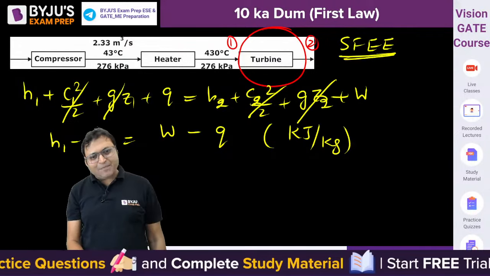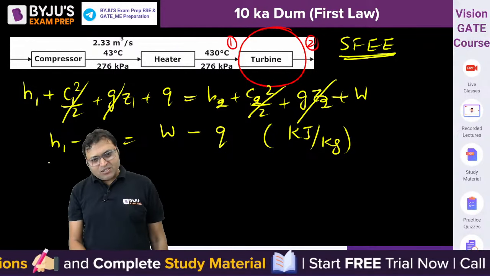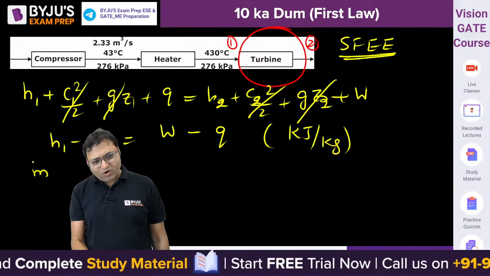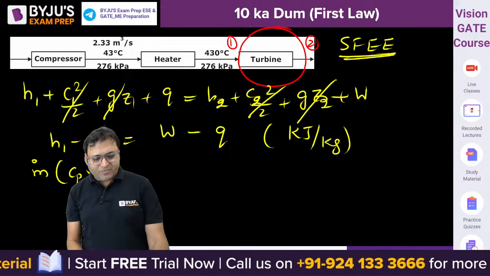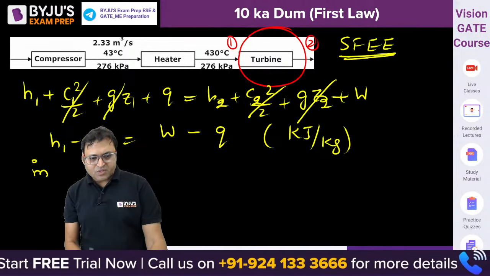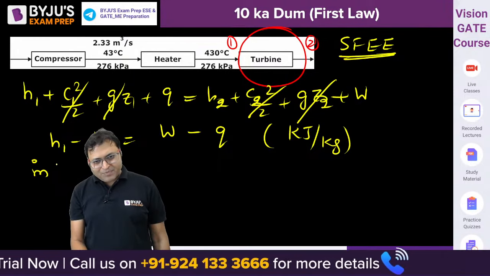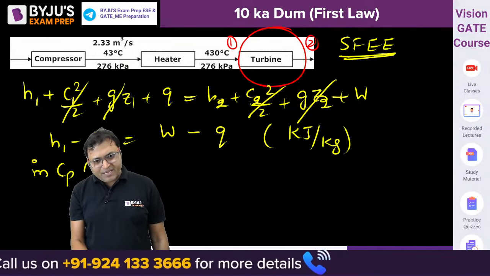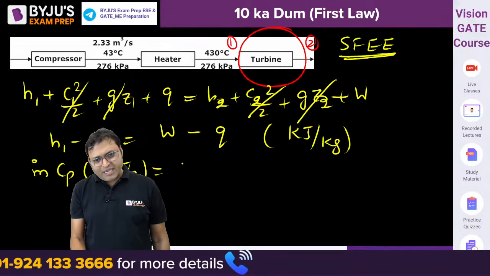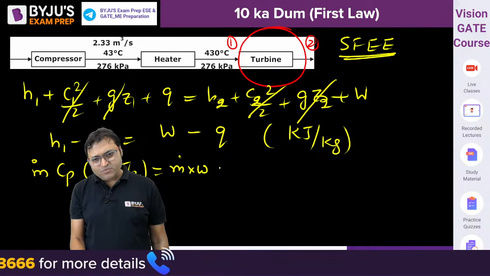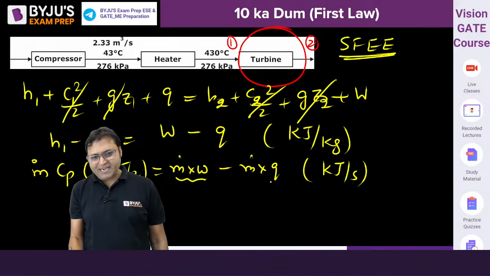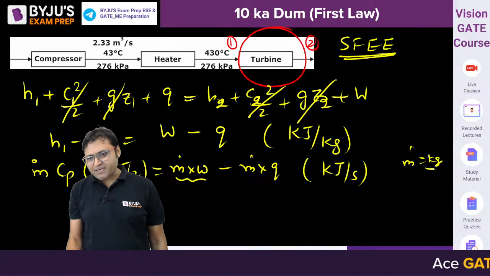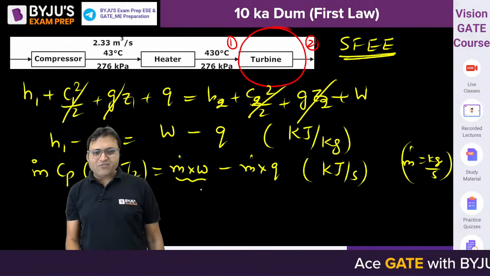But if we multiply by the mass flow rate, can we write m dot, the mass flow rate, into Cp into T1 minus T2 is equal to m dot into W, that is power, minus m dot into Q? That will become kilojoule per second, because mass flow rate is kg per second. So our objective is to find the mass flow rate.